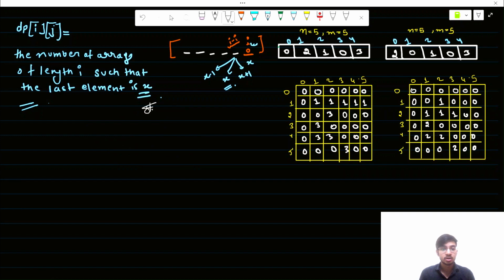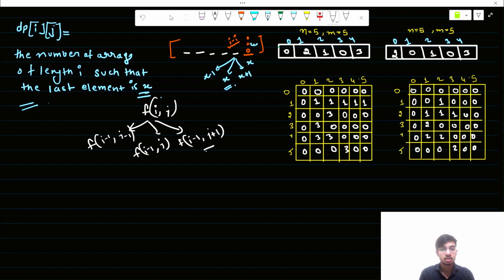For dp of i, j, you are going to look at three subproblems: f of I minus 1, j minus 1, f of I minus 1, j, or f of I minus 1, j plus 1, right? These are the three subproblems.